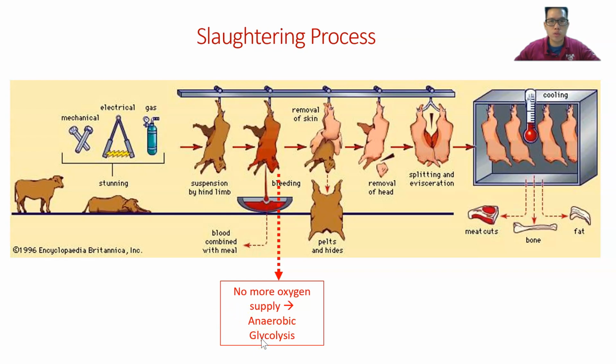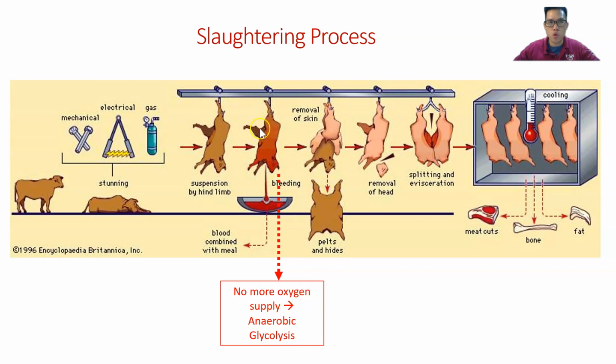I'm going to talk about that shortly. Anaerobic means without oxygen, aerobic means using oxygen. So anaerobic glycolysis is going through the glycolysis process without the presence of oxygen. I'm going to talk about that in the next slide.